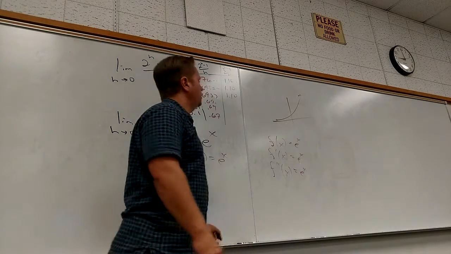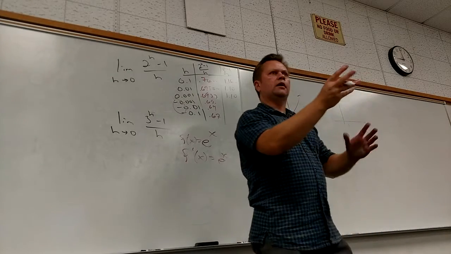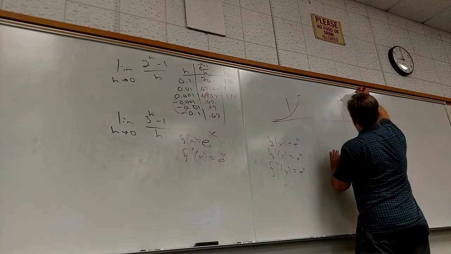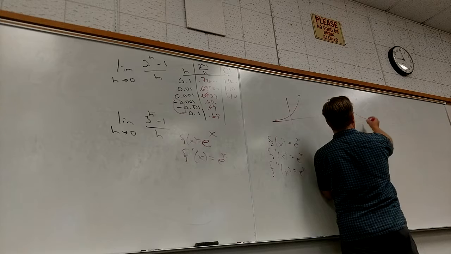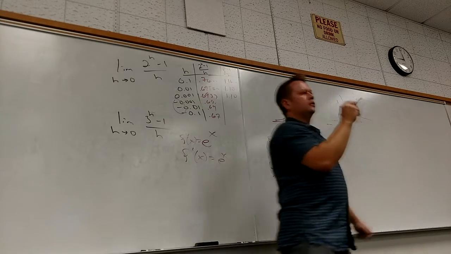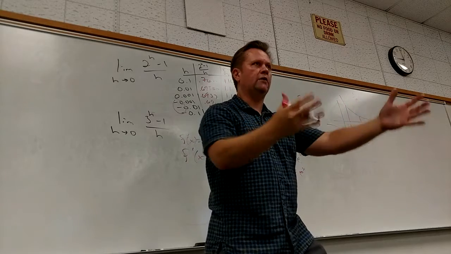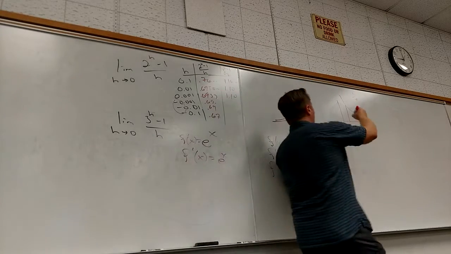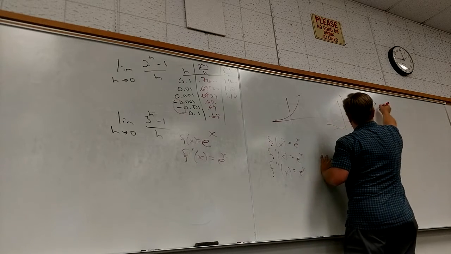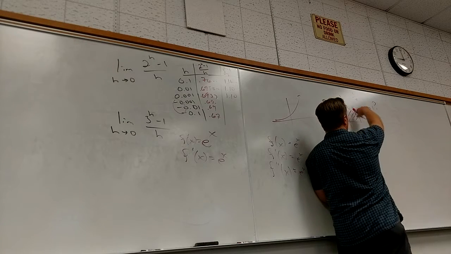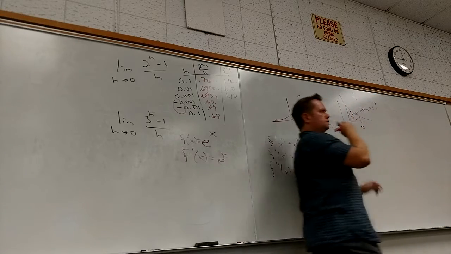Real quick, while I'm thinking about it, do you guys know another place where e comes from? If I graph 1 over x, don't worry about this side, I go from 1, and now of course, pretty much only math geeks would sit there and do this, but that's where math came from, a bunch of math geeks sitting there doing this. How far up would I have to go until the area of this is 1? What number would that be? Well, that number, remarkably enough, is e.